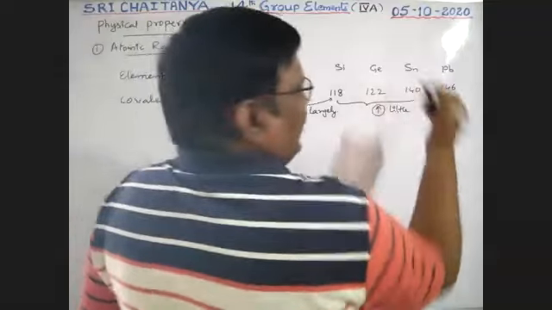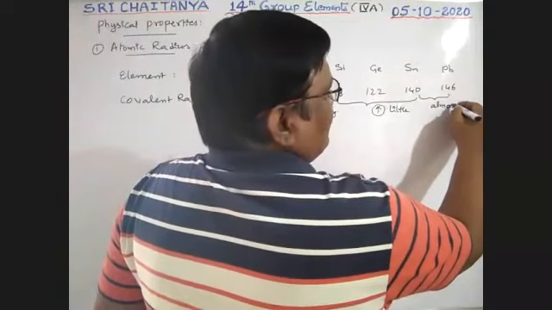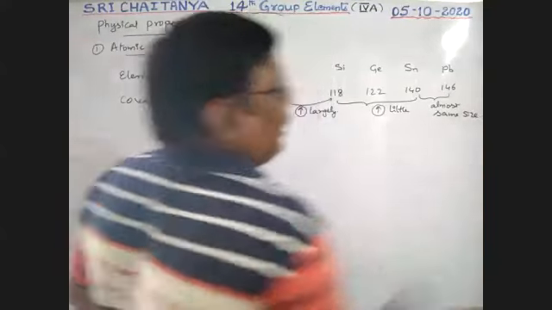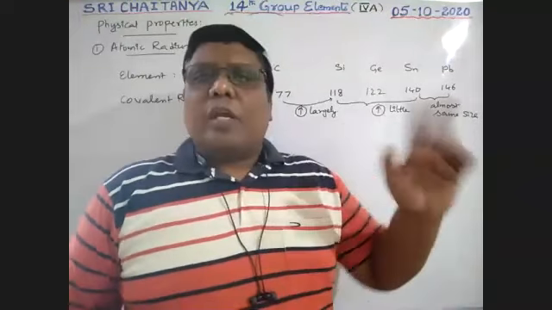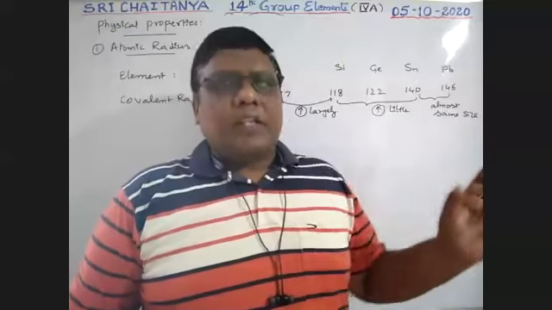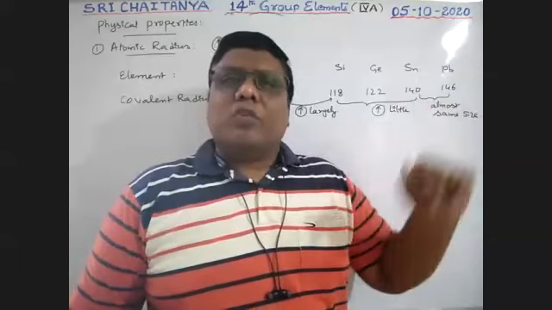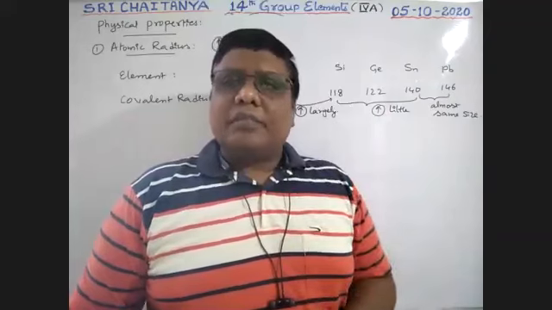But tin to lead, almost the same size. So between the first and second element there is a large increase in size. After that size increases but very little. At last those two elements have almost the same size. But generally from top to bottom atomic size increases.